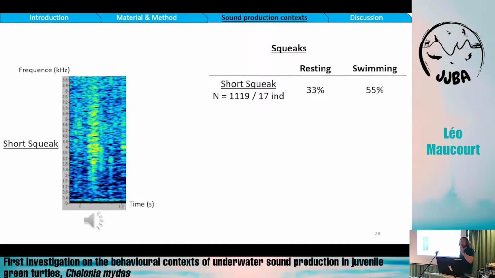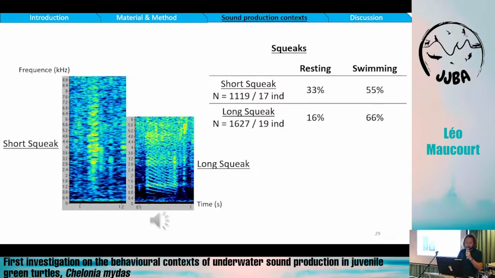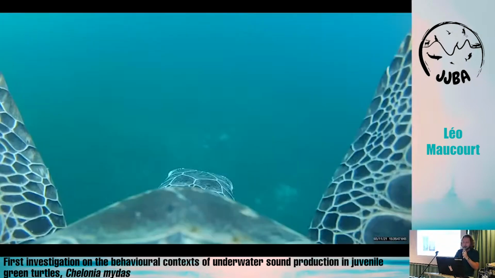The fourth category is the squeaks, with a short squeak and the long squeak. Here again, this sound mainly co-occurred with resting and swimming, but the interesting fact is the long squeak was recorded on 3 individuals during a flight behavior from humans. So here I have an example.